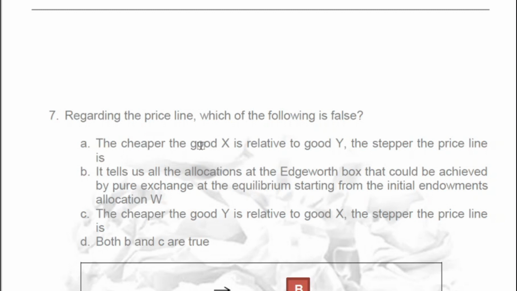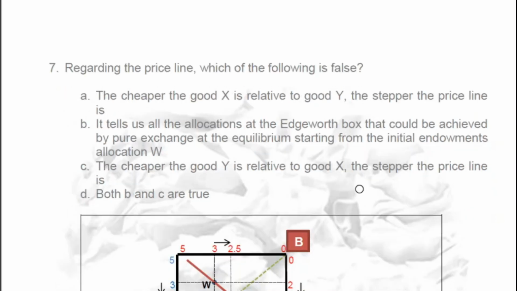No. Remind that the slope of the price line is the price ratio. We usually define the price ratio as px divided by py. So the cheaper the good X, the lower the price ratio would be, so the flatter the price line would be.